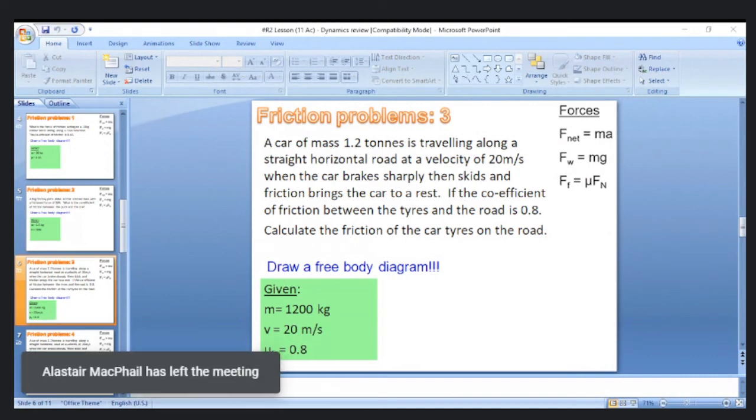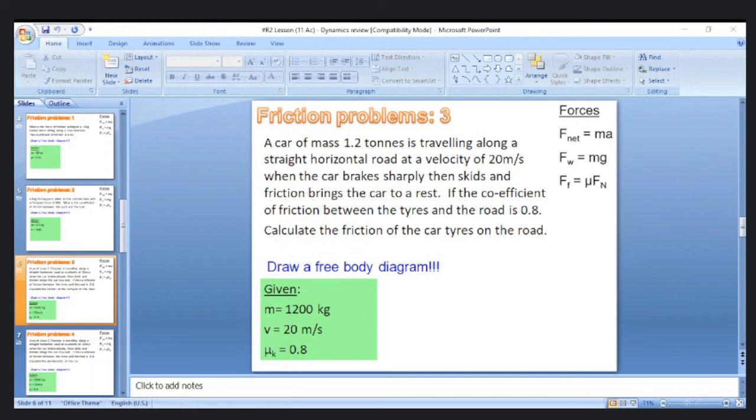I should have drawn that along the arrow. Okay, so I've got my free body diagram there.